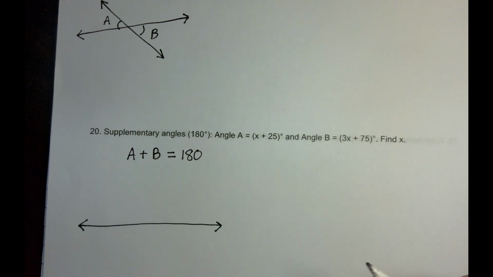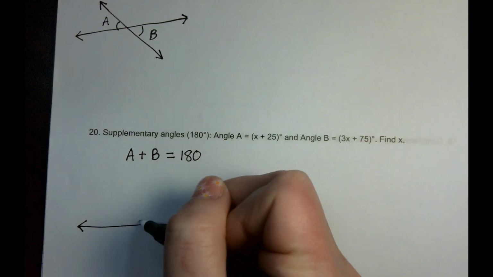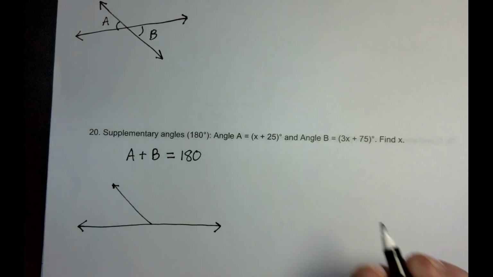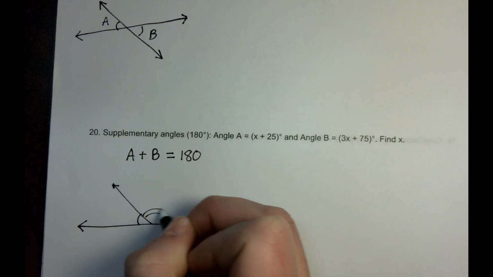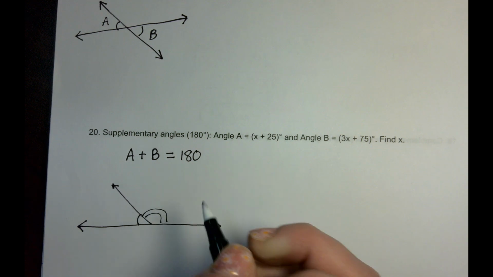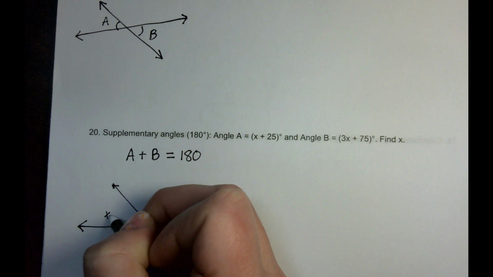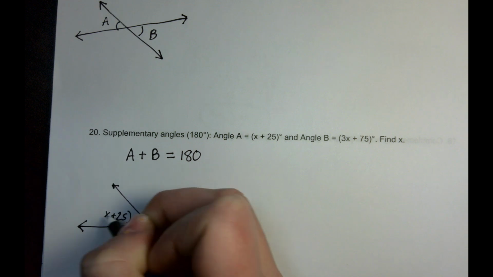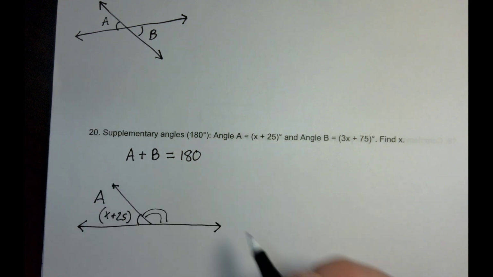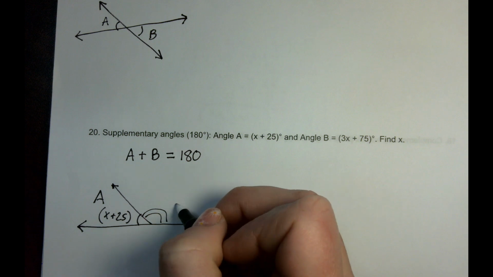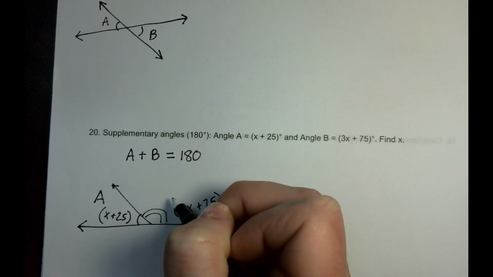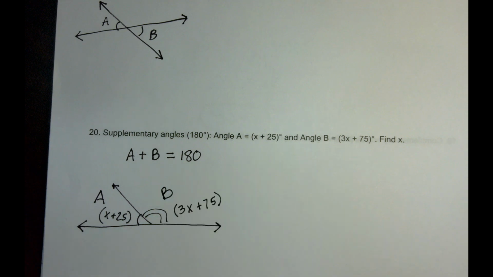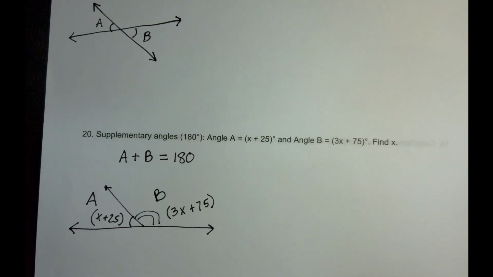Let's do X plus 25 for A, and then B is 3X plus 75.